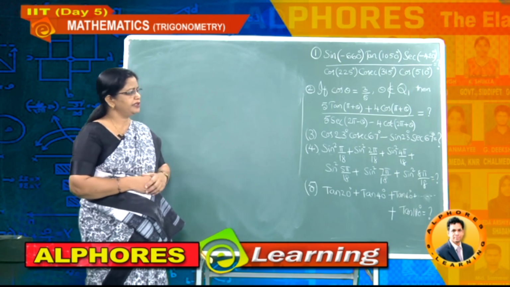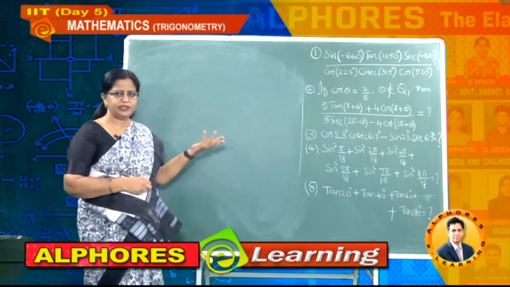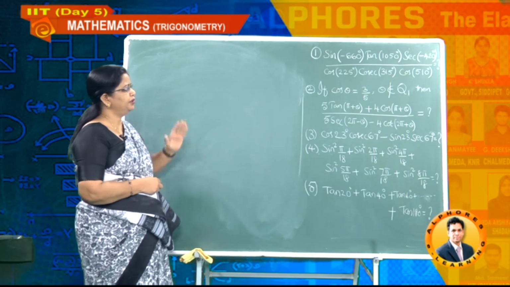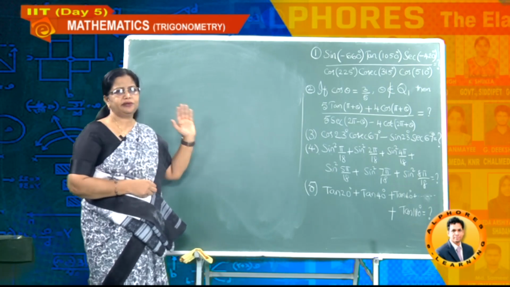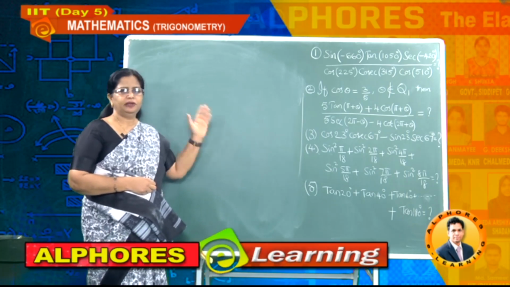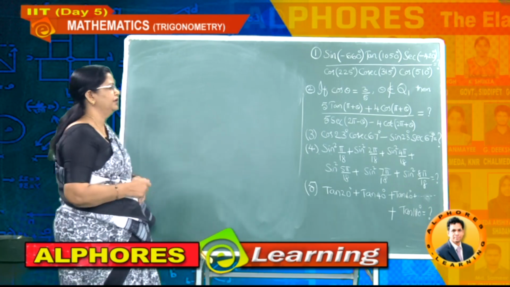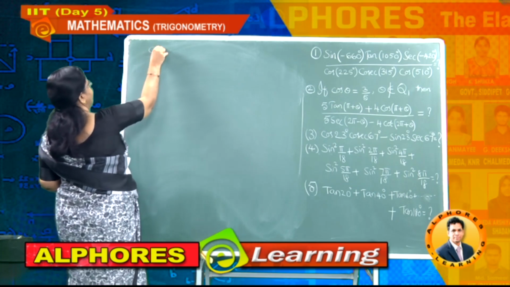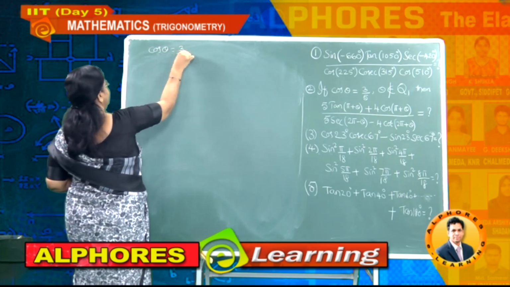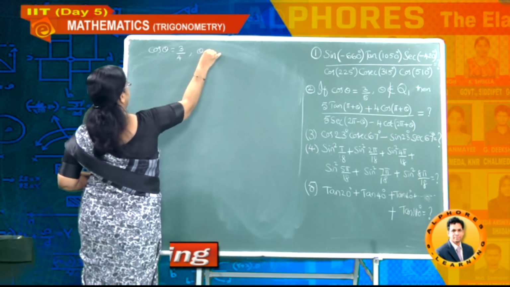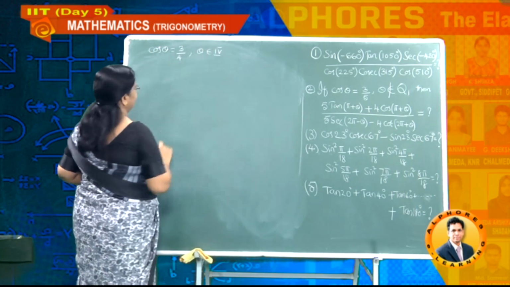It is not in first quadrant means where does theta lie? Obviously fourth quadrant. So you got now one clarity: cos theta equal to 3 by 5, theta is not in first quadrant, implies theta is in fourth quadrant. So this clarity we got now.